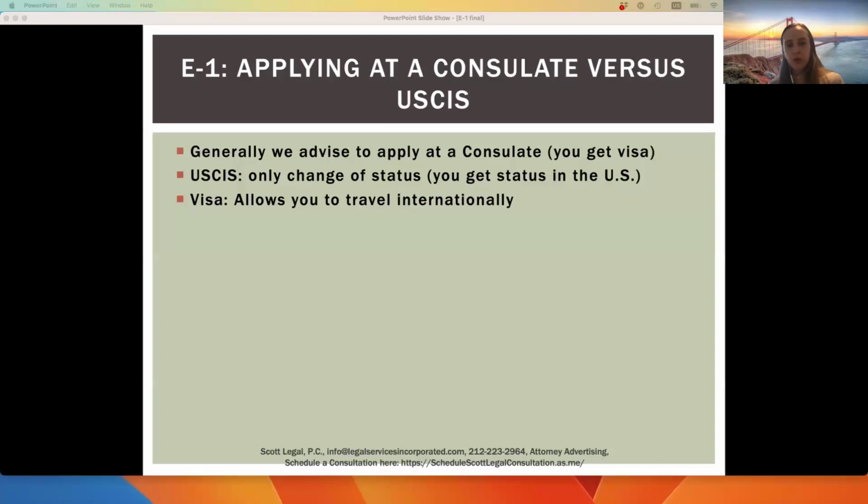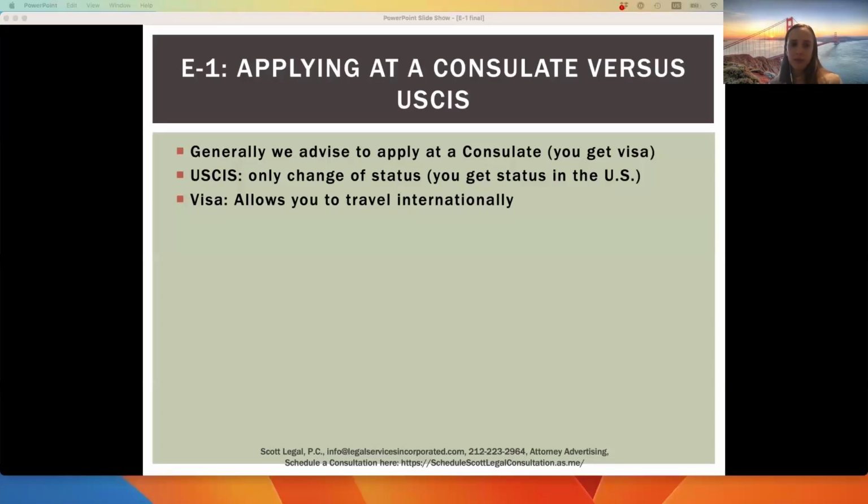And if you want to travel internationally during the 2-year period, you will need to apply for an E-1 visa at a consulate to be able to come back. So the change of status is usually for people who plan to only stay in the US for the 2 years and don't plan to travel.